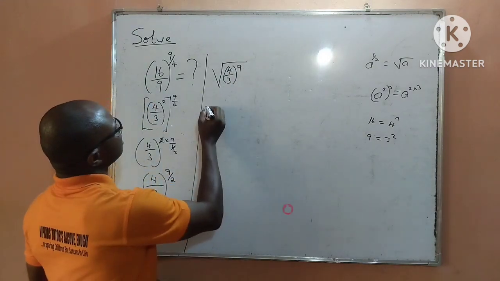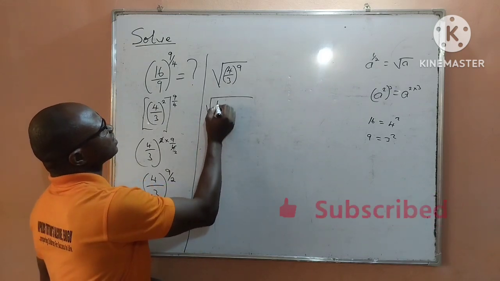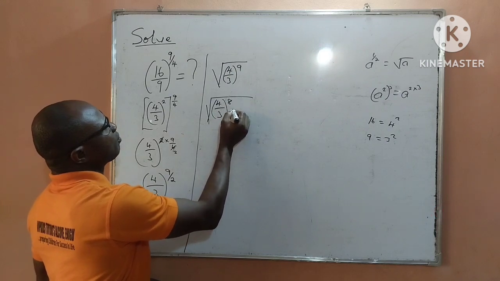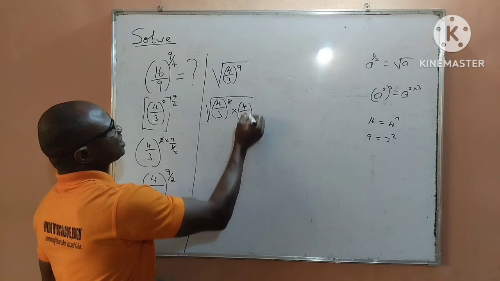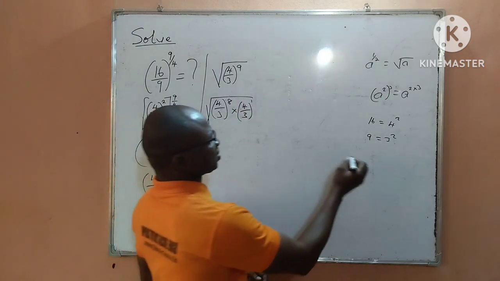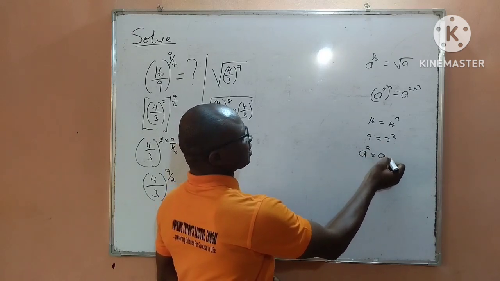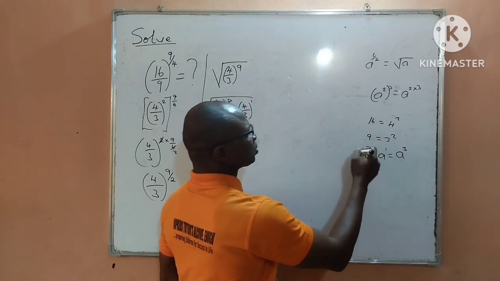But if you look at it, it is not wrong if I express it as 4 all over 3 raised to power 8, multiplied by 4 all over 3. It is just like a raised to power 1. By law of indices, a raised to power 2 multiplied by a raised to power 1 is equal to a raised to power 1 plus 2.